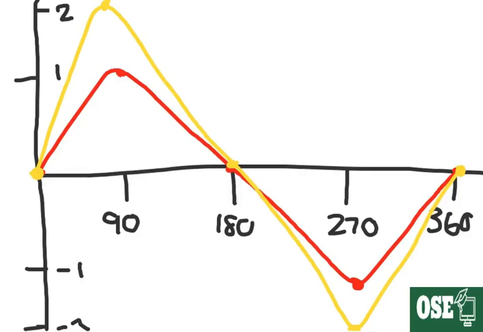So let me write here 2 sine theta. And then if we have 0.5 sine theta, guys, don't get confused between my 0.5 and my S. I hope it's visible.